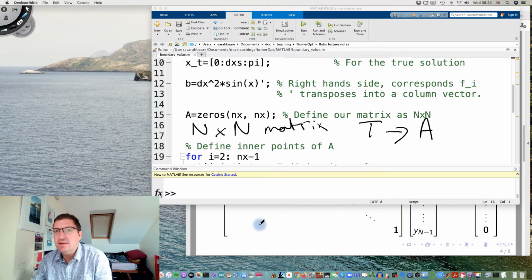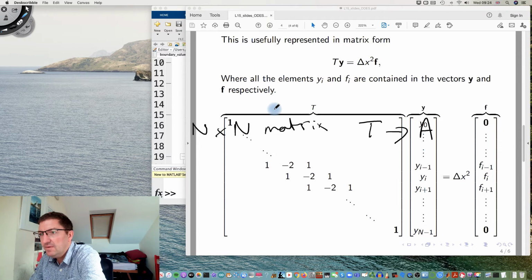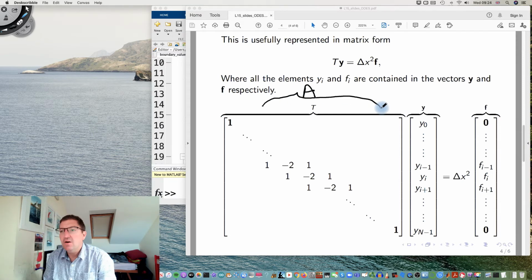Okay, and this is going to be, just going back to the theory, this is what we call A in our code.